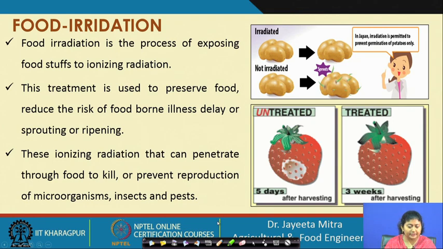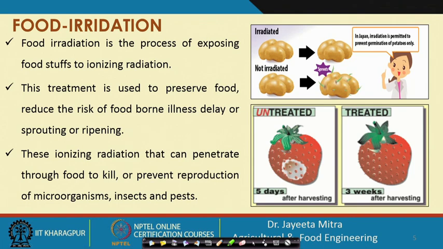So, food irradiation is the process of exposing foodstuff to ionizing radiation, as I mentioned, and this treatment is used to preserve the food, reduce the risk of foodborne illness, and delay sprouting or ripening. As I mentioned, these create the ionizing radiation, and they form the charged ion and then eventually the free radical.